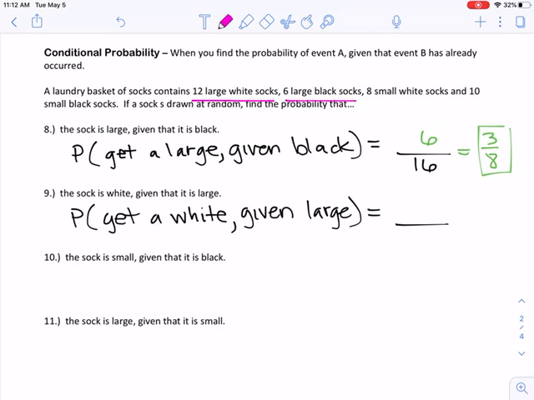So that's going to give me a total of 18 large socks. We want to say which of those are white large socks. There are 12 that are white large socks. So I'm picking 12 out of the 18 large socks, which would give me 2/3.